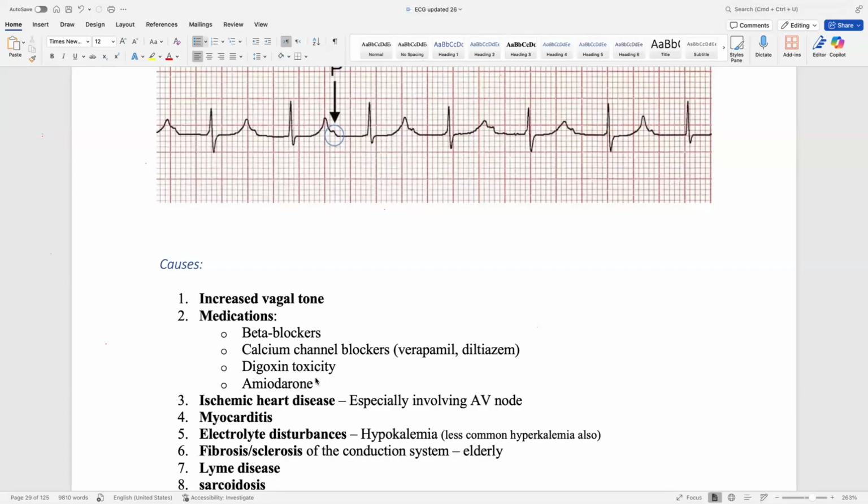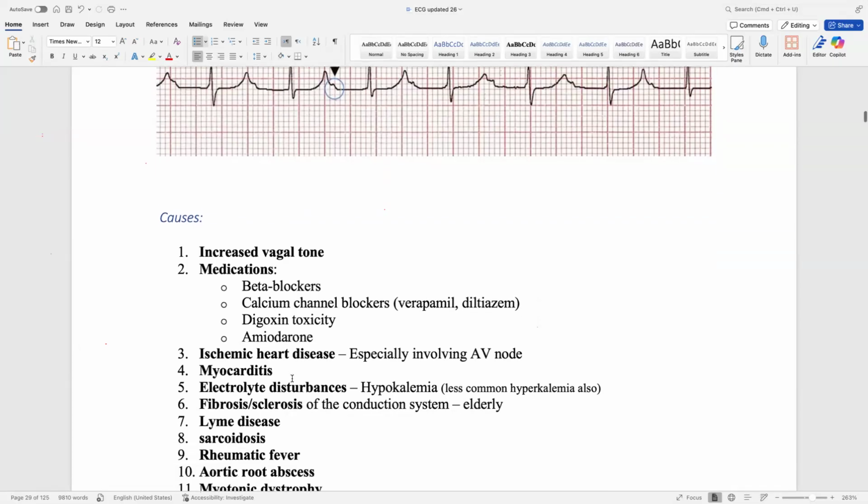The doses make the difference. So digoxin toxicity can slow the conduction in the AV node, can lead to heart block, and amiodarone. So vagal tone or medication that acts in the AV node.